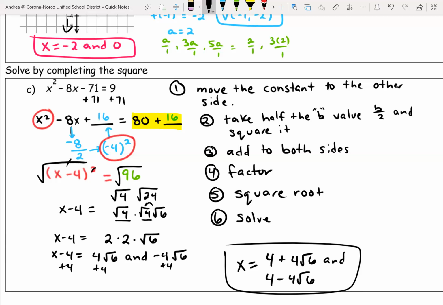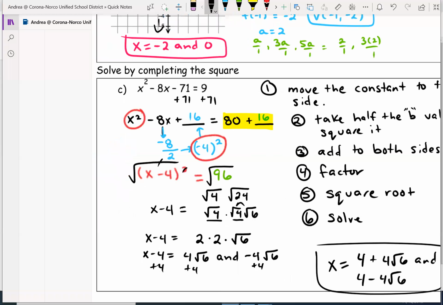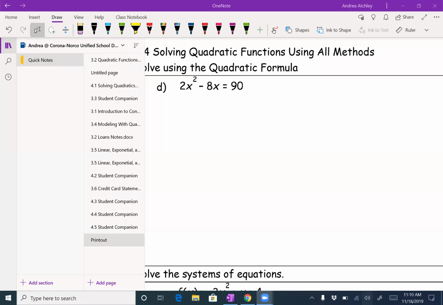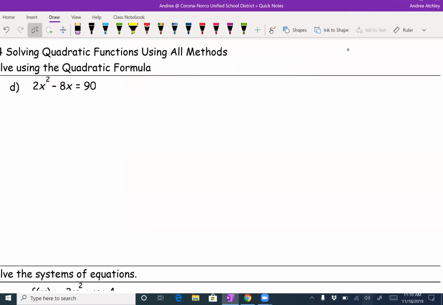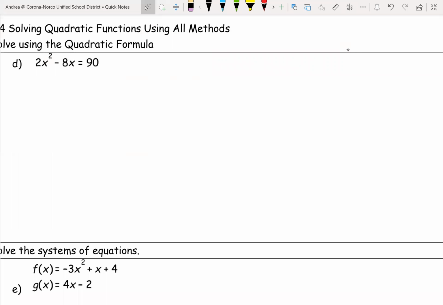Okay, let's do one from our notes or from our homework. Number 1. On Friday, we had lots of fun doing the quadratic formula.